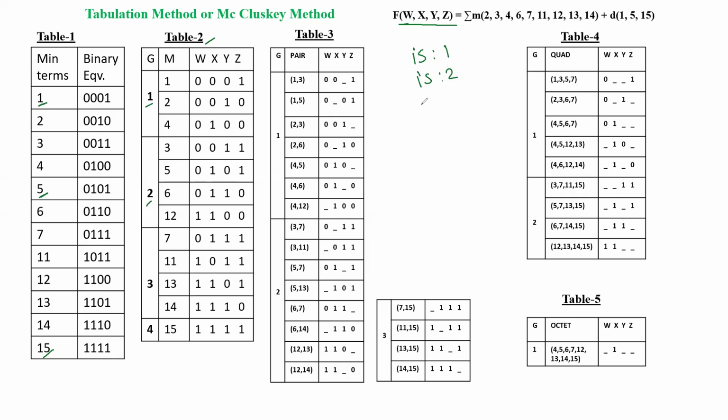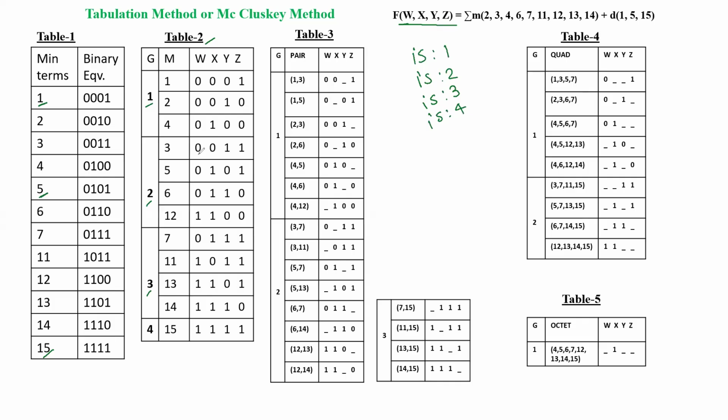Next, we arrange the min terms which have the number of ones as 3. So 7, 11, 13, 14 have the number of ones as 3, and we keep them in the third group. And the last min term is 15, which has the number of ones as 4.